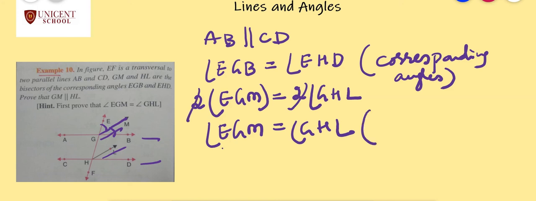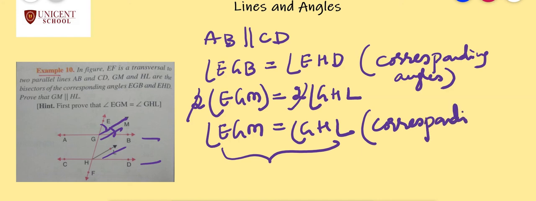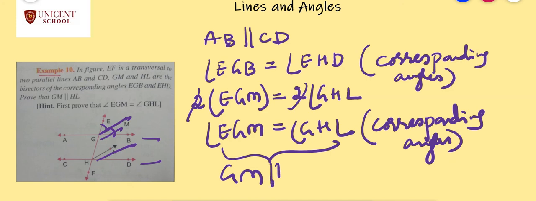And these two are equal angles. If we compare the lines, they form corresponding angles. When we compare these two, they form the corresponding angles. And if corresponding angles are equal, then we can say that line GM is parallel to HL.